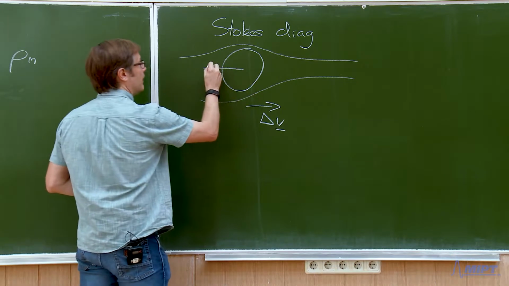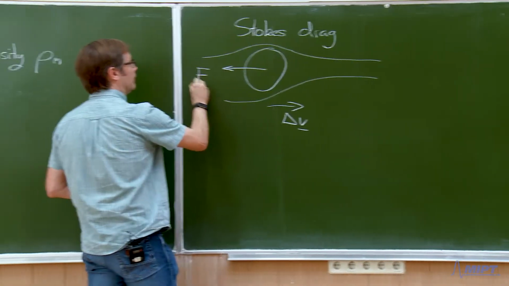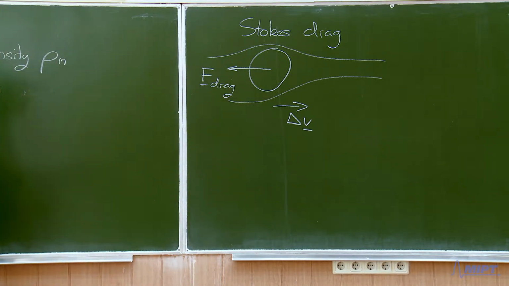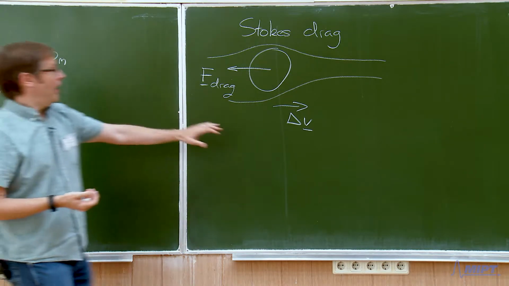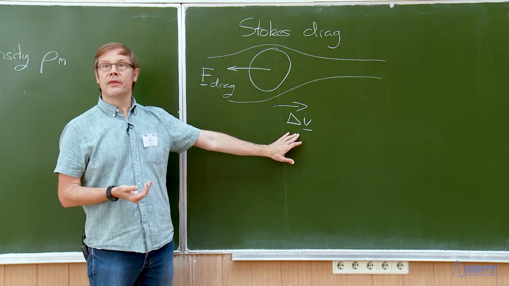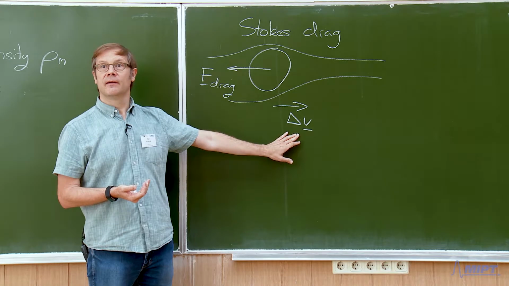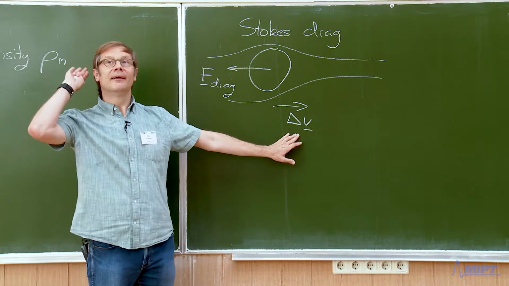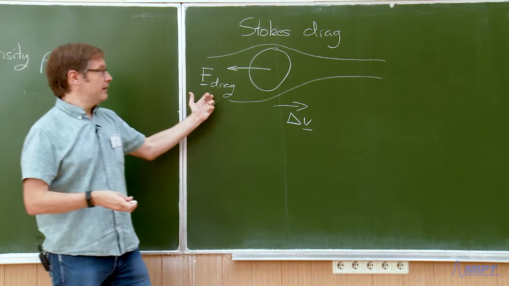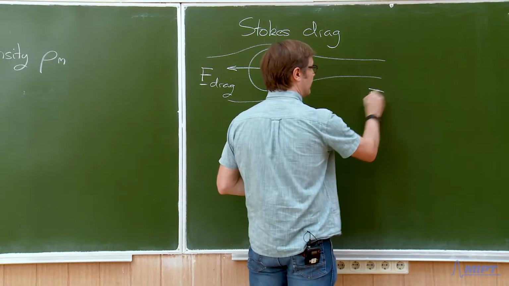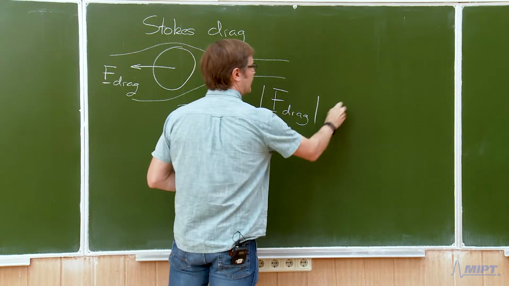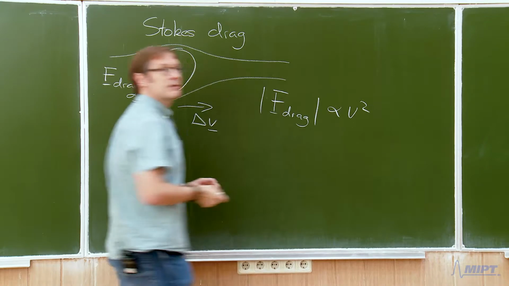Okay, so we have some F drag. Okay, so if we have this situation, how do we expect this drag force to scale with this relative velocity? V squared, right? So in this case, the drag goes as v squared.